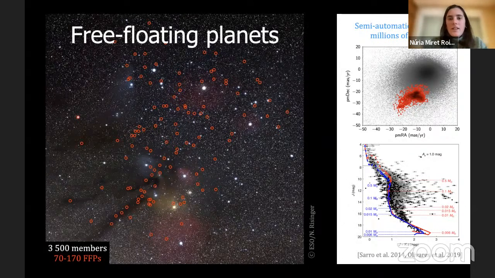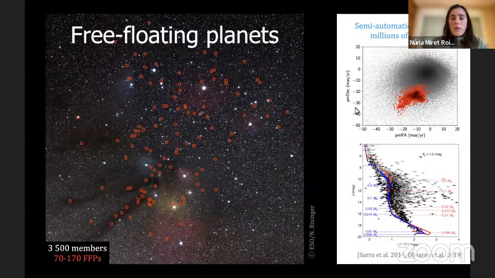So that's a complicated question, and it depends. Maybe here you have a better estimate from the microlensing surveys, because with imaging surveys, we can only do these studies in very nearby star-forming regions.